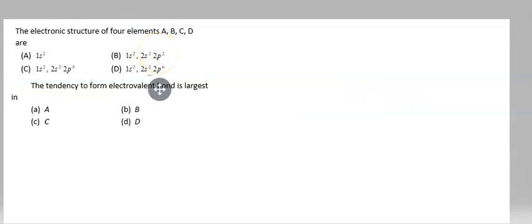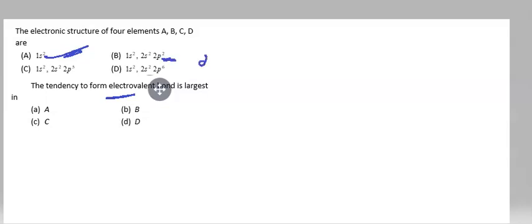The electronic structures of four elements A, B, C, D are given. Then they have asked for which the tendency to form an electrovalent bond is largest. Right. So what does electrovalent bond mean? By gaining or losing one or two electrons, the octet will be completed and the valency will be satisfied. Here it is completely filled. This one is not half filled, not completely filled.